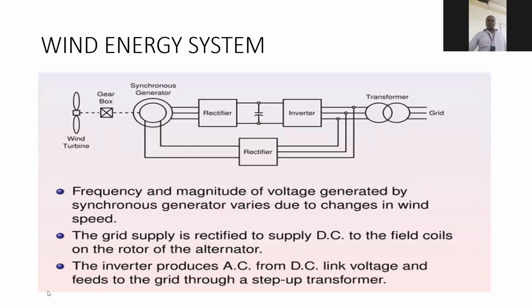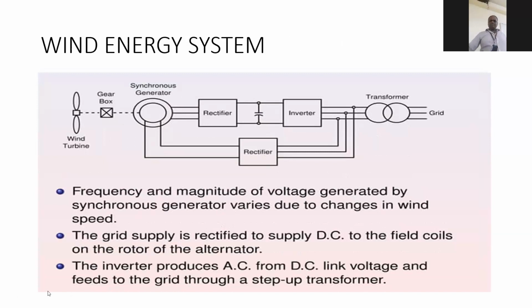In the next slide, we are talking about the wind energy system, where wind speed is directly proportional to the energy obtained. We are using the synchronous generator, converting with a rectifier and inverter, and we are using the gain rectifier for the feedback control system.